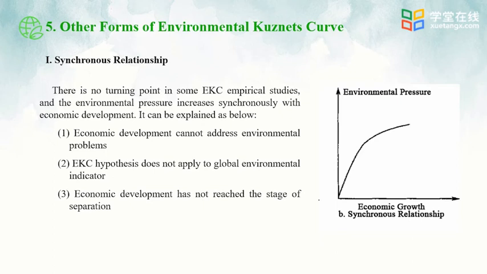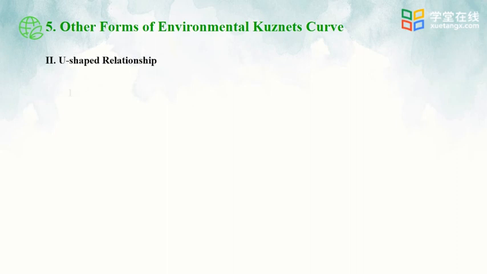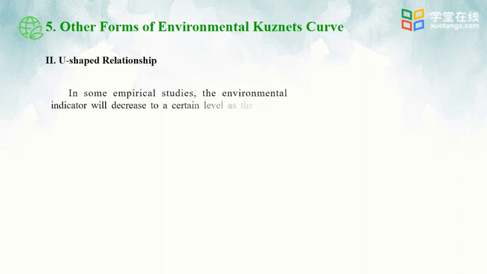The reason why this situation occurs is that the environment is not improved with economic development, or the EKC hypothesis is not suitable for the global environment indicator, or the region has not yet reached the turning point of environmental improvement, etc.